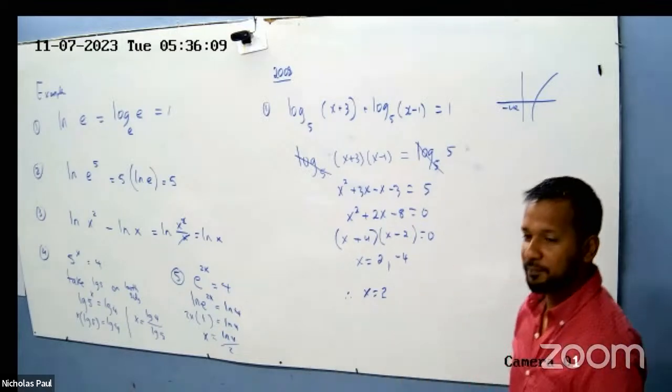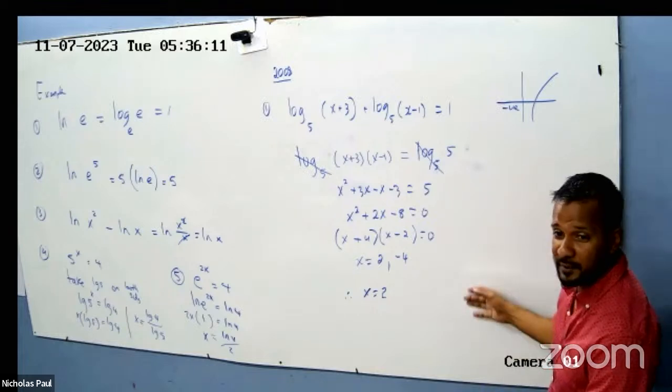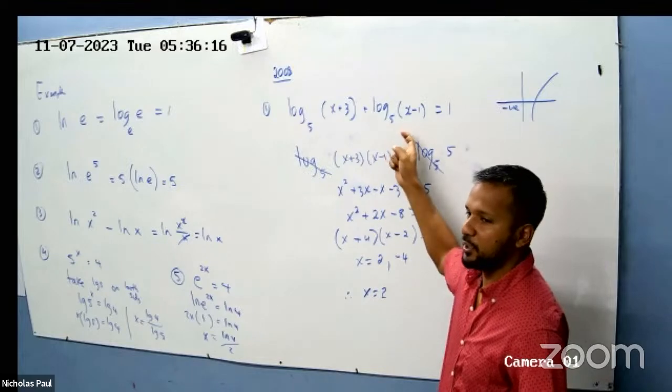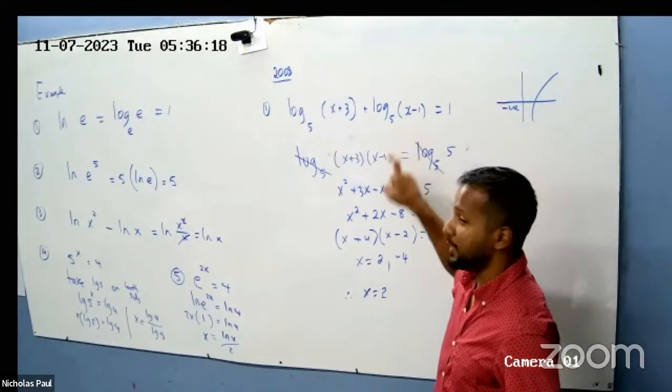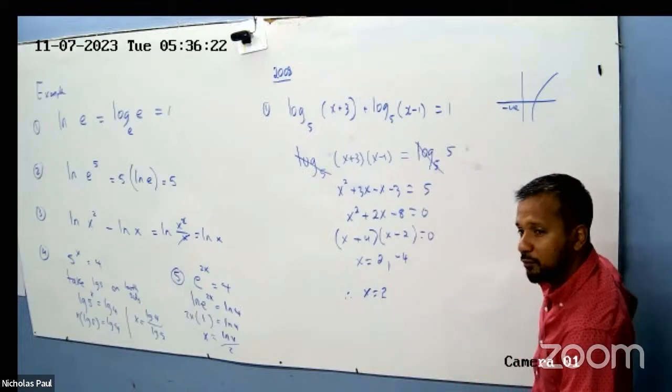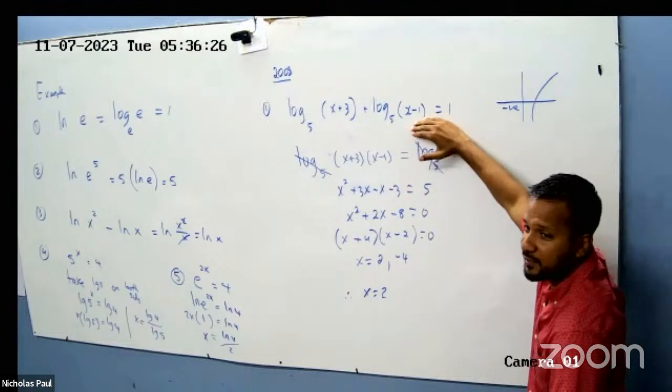All right. Everybody okay with that? But what will happen if it's not the same base? If it's not the same base, what to do? Can I apply the rules if it's not the same base?